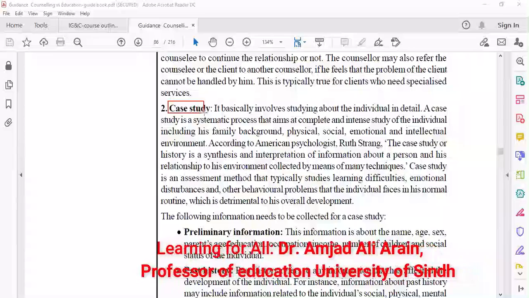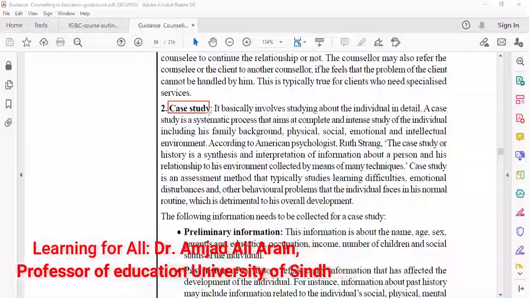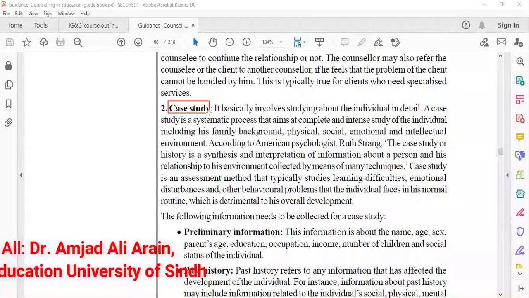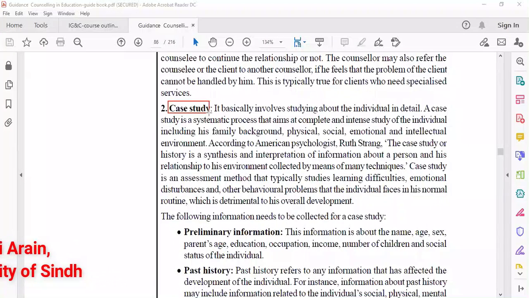Case study basically involves studying an individual or a phenomenon in detail, an in-depth study of a single individual or single entity. A case study is more in-depth, more extensive, more intensive in nature.